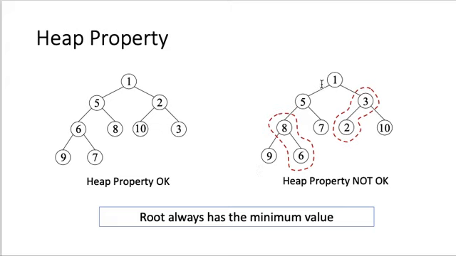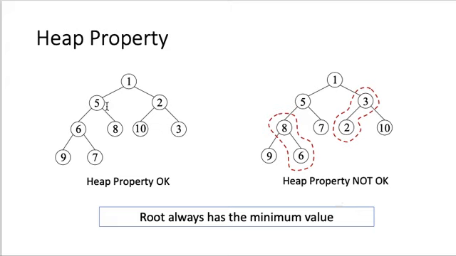On the right hand side, we also have numbers filled, but for some particular cases, like this node and this node, a pair of a node above and its child, the numbers are not in the correct relationship. This one has a larger value, this one has a smaller value. The violation also occurs here. So as long as there is some violation, the heap property is not satisfied.